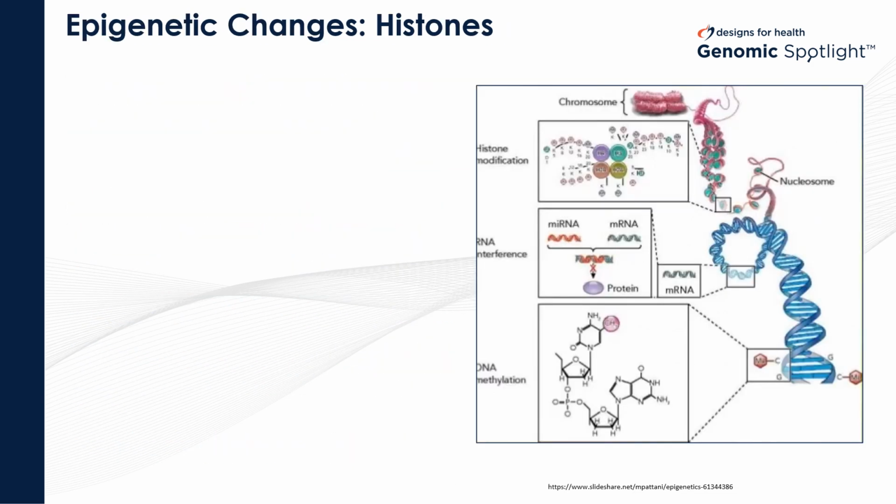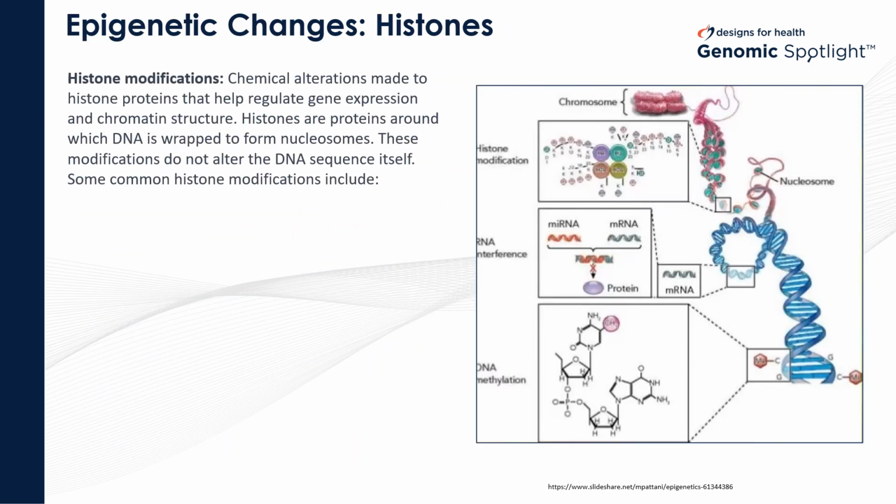Let's talk about histones. Histone modifications are chemical alterations made to histone proteins that help regulate gene expression and chromatin structure. Histones are proteins around which DNA is wrapped, kind of like a yo-yo, and histones get together and form nucleosomes.